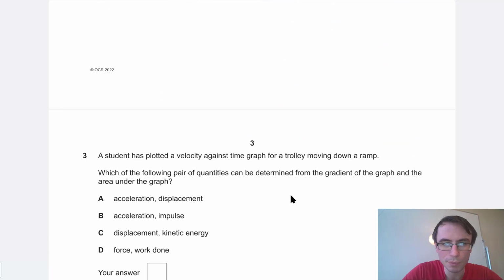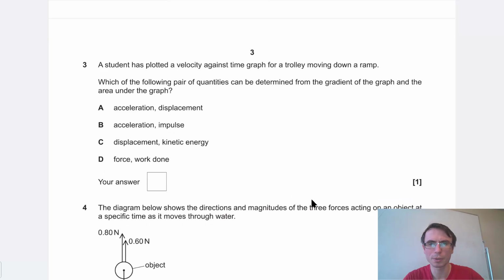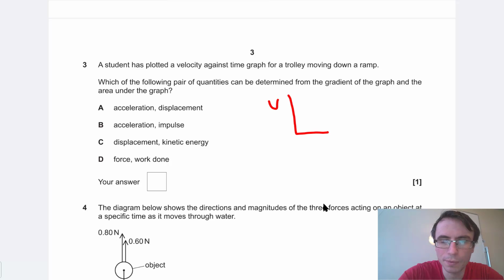Okay, let's move on. A student has plotted a velocity against time graph for a trolley moving down a ramp. Which of the following quantities can be determined from the gradient of the graph and the area? Okay, so it's a VT graph. Before I even answer this question, I'm going to see what the gradient is.